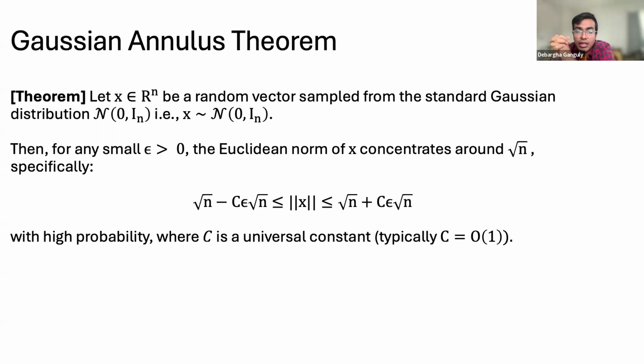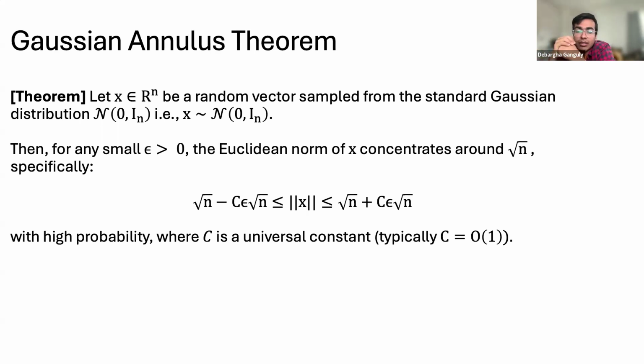One is the Gaussian annulus theorem. The Gaussian annulus theorem is a fundamental result in high-dimensional probability. In very simple terms, when we sample from a high-dimensional space, like from high-dimensional Gaussian vectors, their lengths tend to concentrate around a narrow annulus or ring with a radius of square root of n.